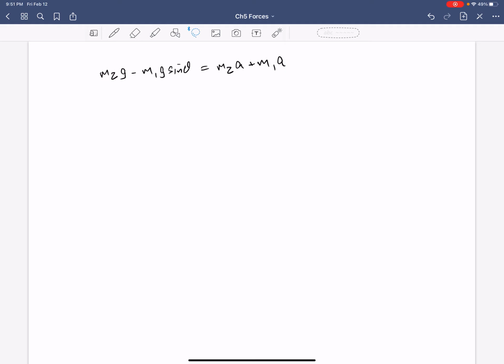All right, still solving for a. I'm going to factor that out and divide by m2 plus m1. Okay? And because I don't like what I'm solving for to be on the right side, it just makes me uncomfortable, I'm going to switch sides. There.